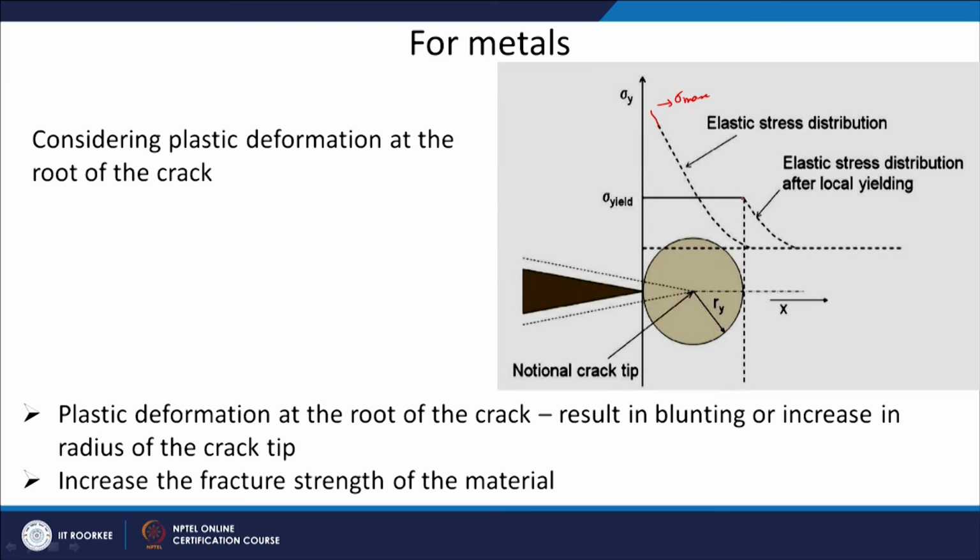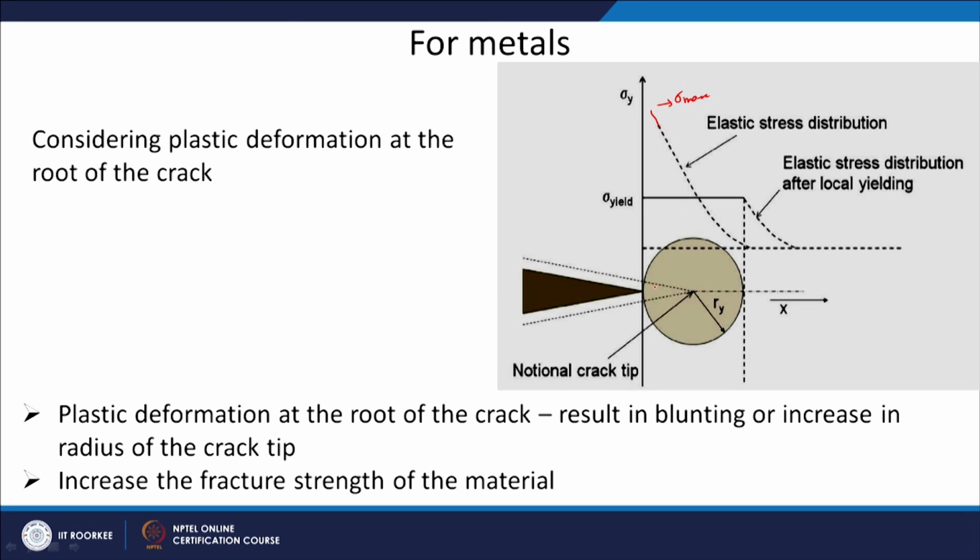So, instead of the stress going beyond that, locally the material will deform, and instead of this stress distribution, you will have a stress distribution like this. It will not go beyond the yield stress. So, the elastic distribution after local yielding will be like this, and you can understand that by modifying the crack tip.